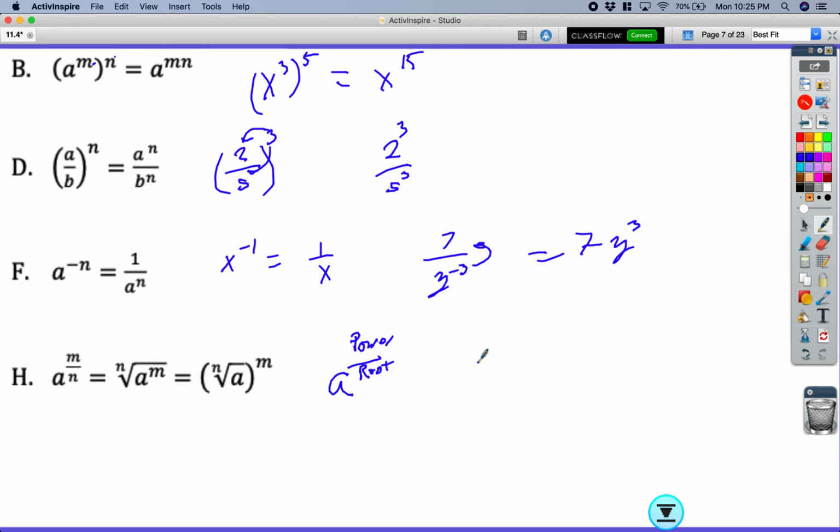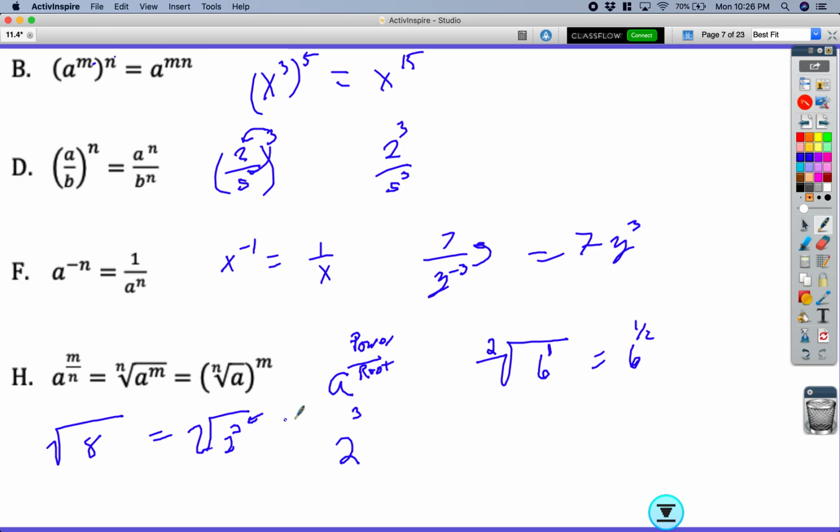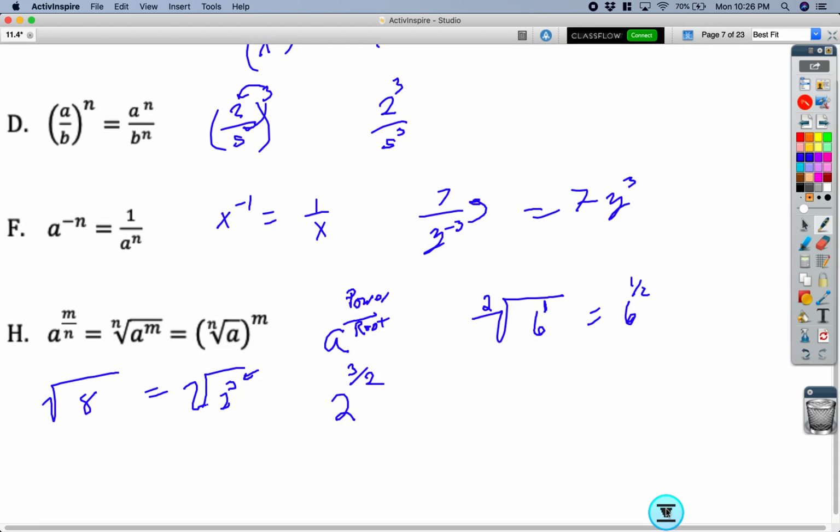If you have the square root of 6, it's 6 to the first power, and this is a square root, so put 2. This would be 6 to the 1/2. If you have something like 8, 8 is equivalent to 2 to the third power. So you would have 2 to the power of 3 over the root, and so on and so forth.